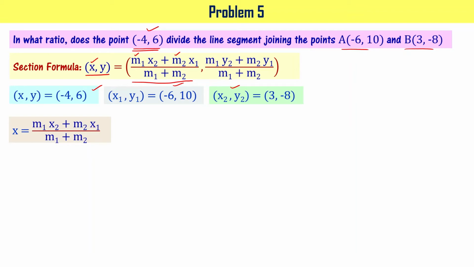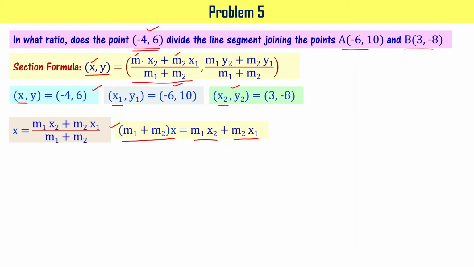Now let me rearrange this equation such that I can write it as m1 plus m2 times x equal to m1 x2 plus m2 x1.